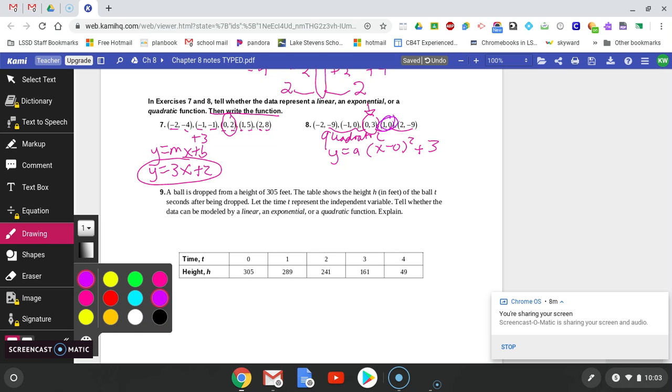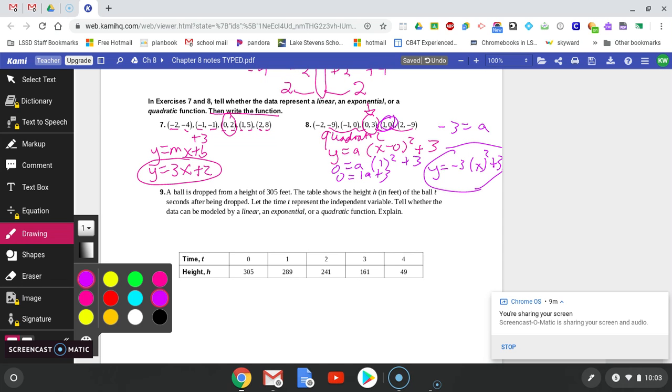So that means y is 0. I'm looking for a. X is 1. And let's solve it for a. So I have 1a plus 3 is equal to 0. When I subtract the 3 over, I get negative 3 is equal to a. So my final equation would be y is equal to negative 3 times x squared plus 3.